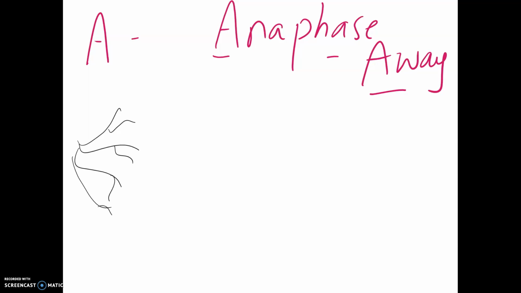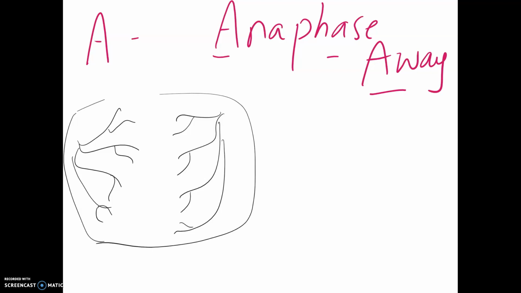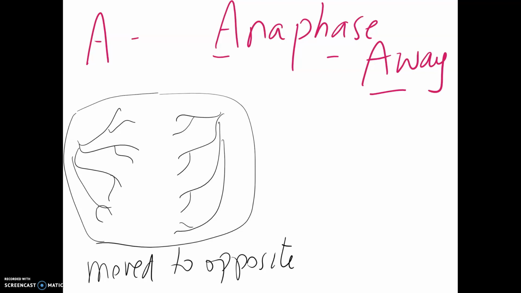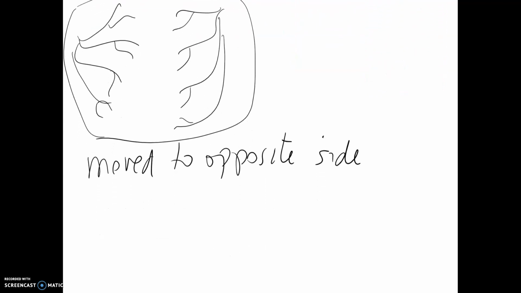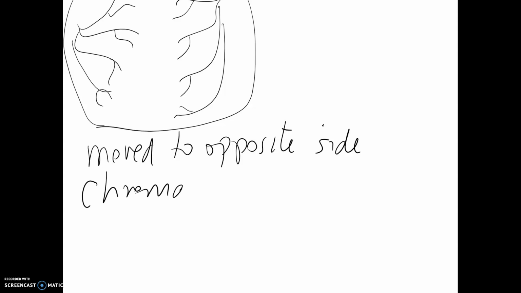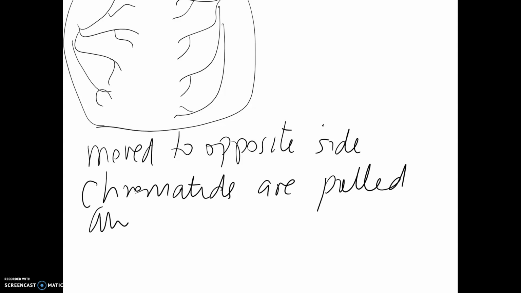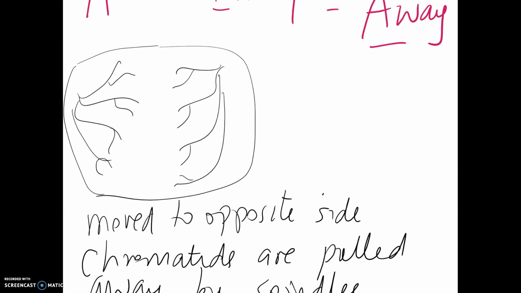If I just do the 4 pairs on this side, you'll see they have been moved to opposite sides. So chromatids are pulled away by spindles. This is for mitosis.